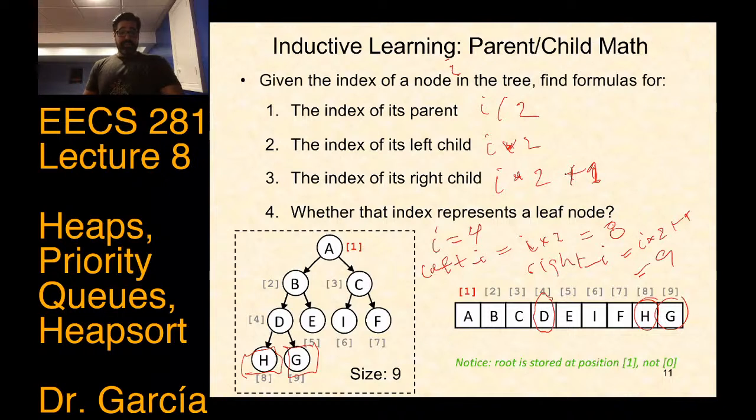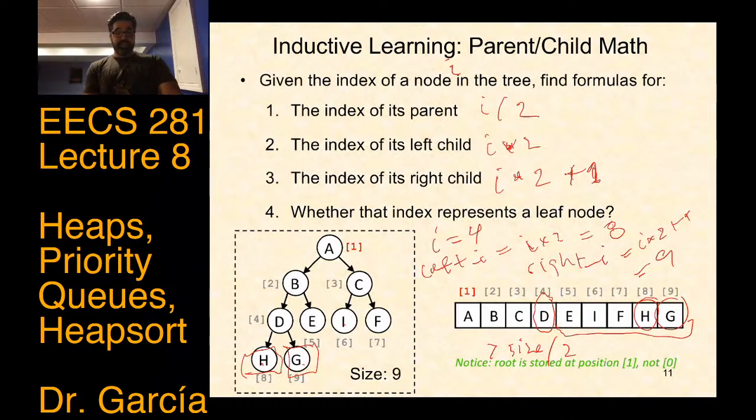In fact, you can gather even more information given this indexing, and that is that anything that is a leaf is anything that is greater than the size divided by 2. So the size of this is what? 1, 2, 3, 4, 5, 6, 7, 8. No, it's 9. So effectively, all these are leaves: H, G, I, F, and E. That's what I can tell from the picture.